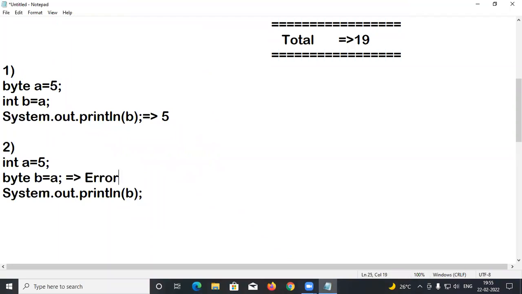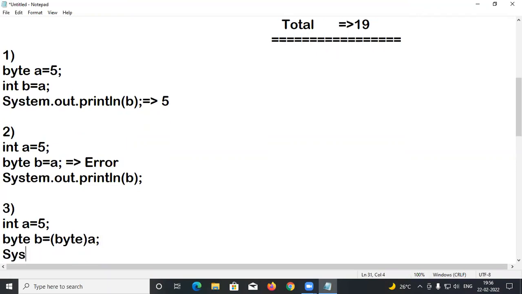Now, this error we can solve. How to solve? See, int A equal to 5, byte B equal to, in brackets, you write byte, then it is valid.